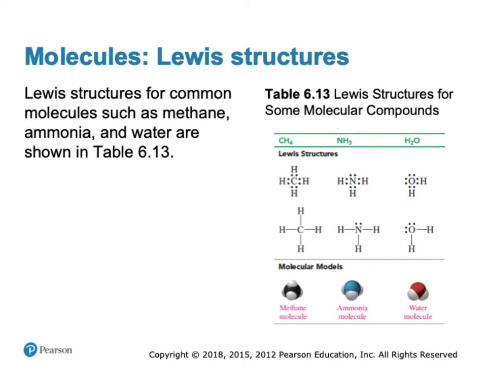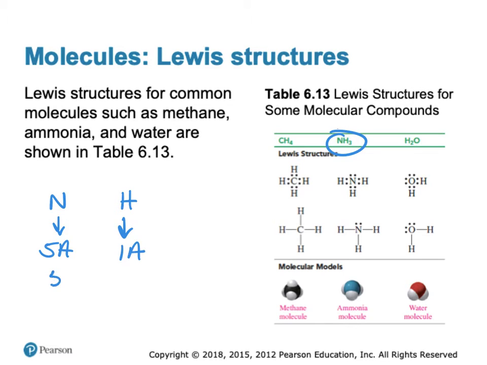All right, so table 6.13 shows you Lewis structures for some molecular compounds. Let's just look at NH3 before I move on. Nitrogen is in group 5A. And then we have hydrogen, again in group 1A.